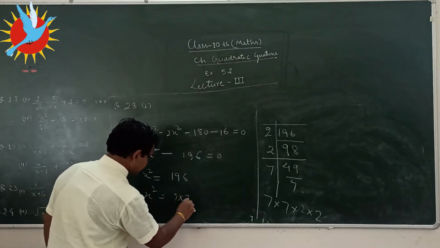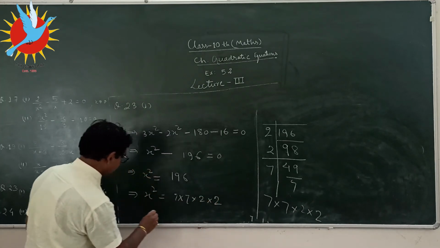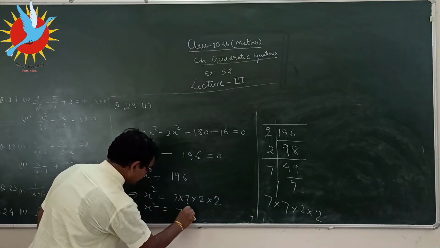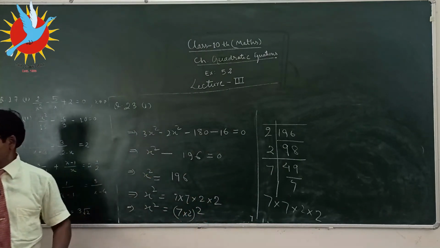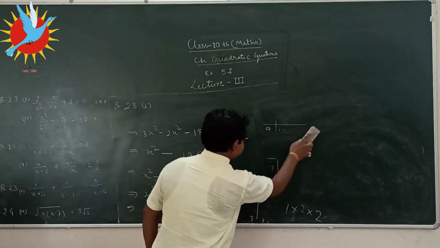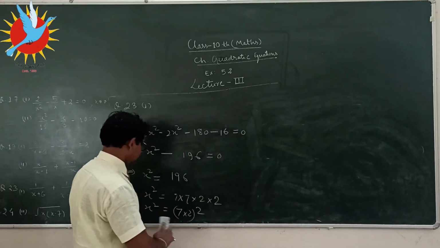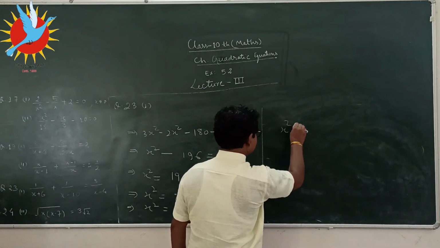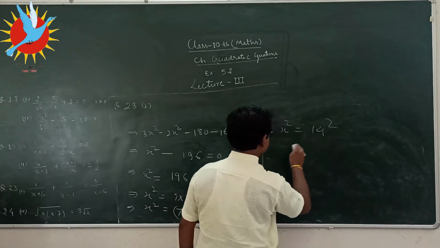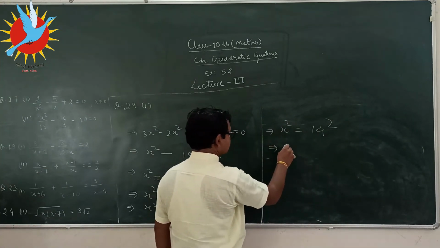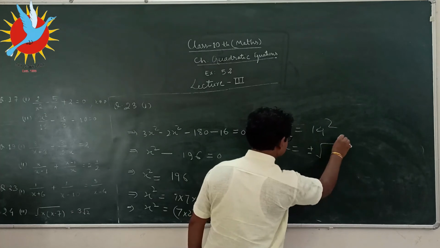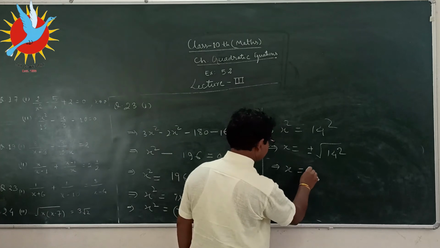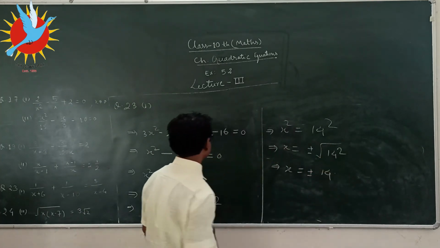This gives x square equal to (7 into 2) whole square. Further this can be written as x square equal to 14 square, therefore x would be equal to plus minus root over 14 square, and this gives x equal to plus minus 14.